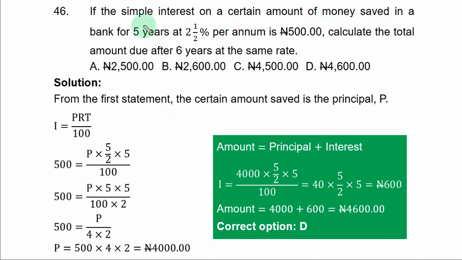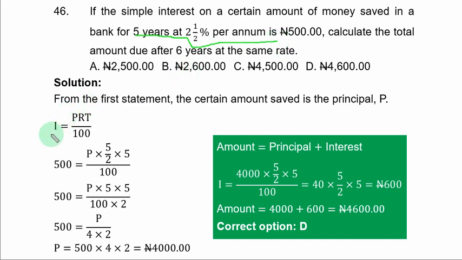Question 46. If the simple interest on a certain amount of money saved in a bank for 5 years at 2.5% per annum is 500 naira, calculate the total amount due after 6 years at the same rate. From the first part of the problem, we need to find the principal before we move to the second part.